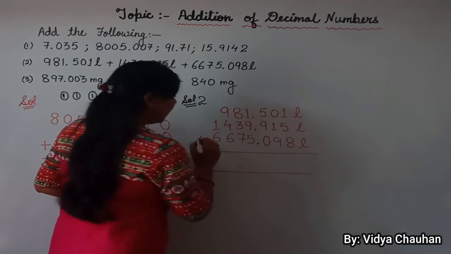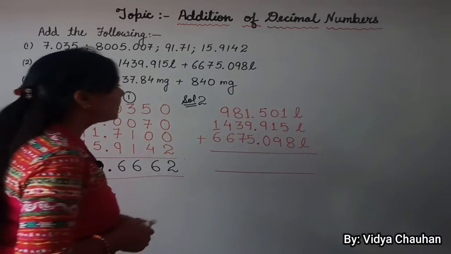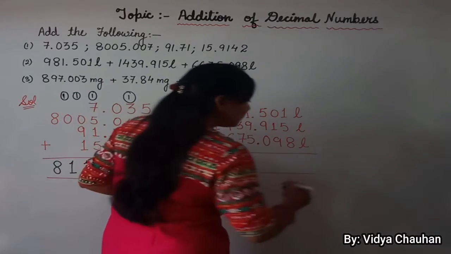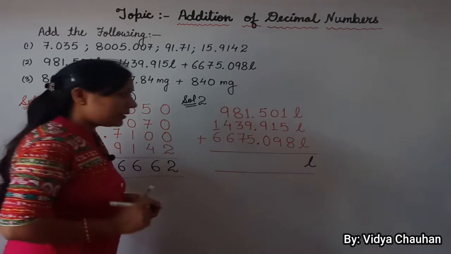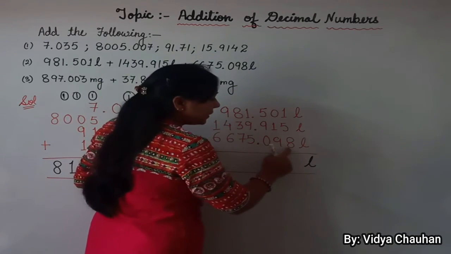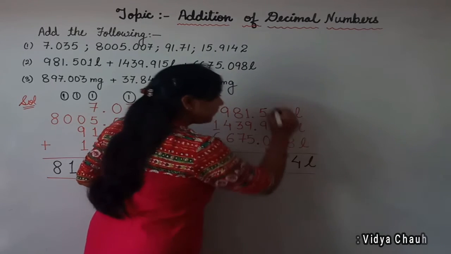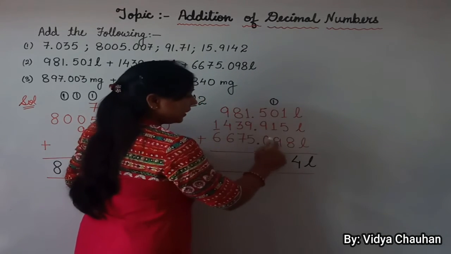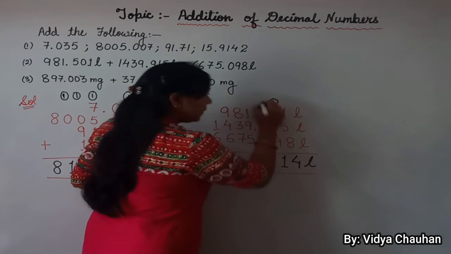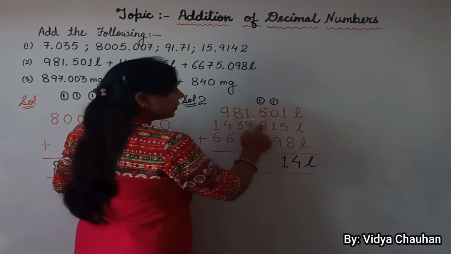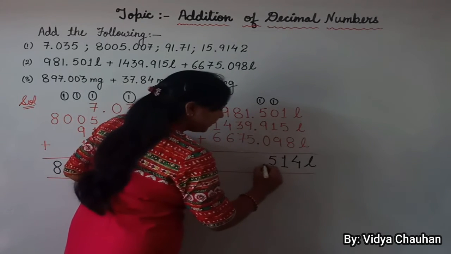So now we have written the numbers in vertical notation and let's add the numbers. The answer that we will get is in liter. Now let's add this. 8 plus 5, 13 plus 1, 14. 1 carry forward. 9 plus 1, 10 plus 1, 11. 1 carry forward. 5 plus 9, 14 plus 1, 15.